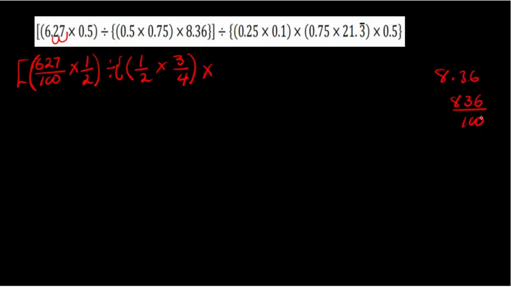So when you simplify that one, this one here will be 25, and this one here to be 209. So meaning that we have 209 on top over 25. So that is the first part there.